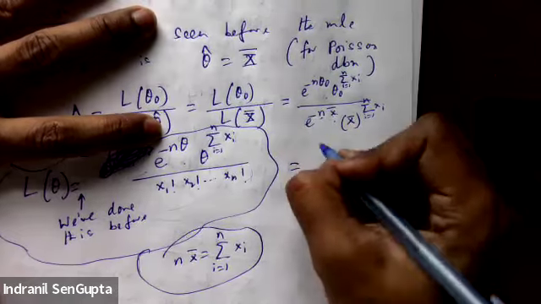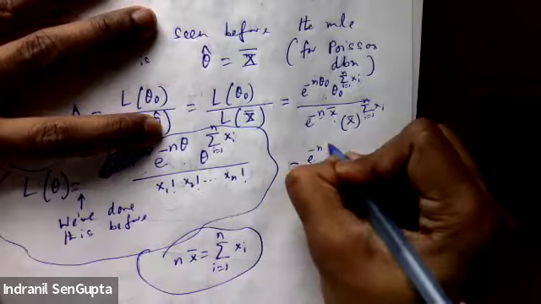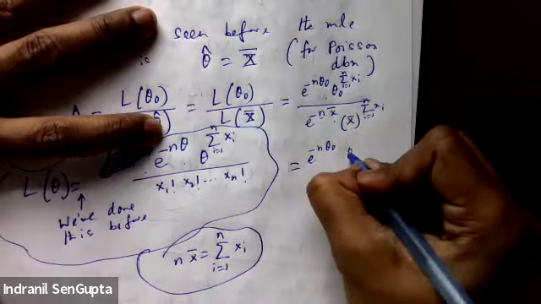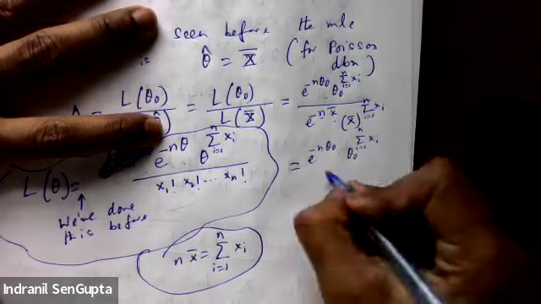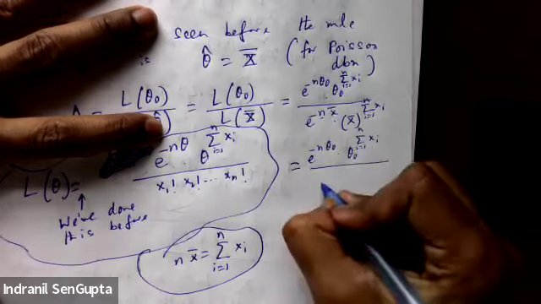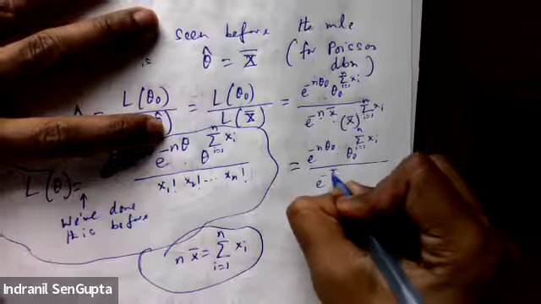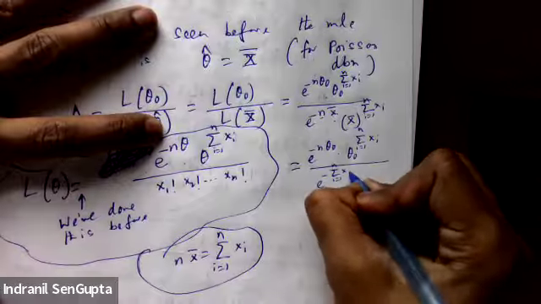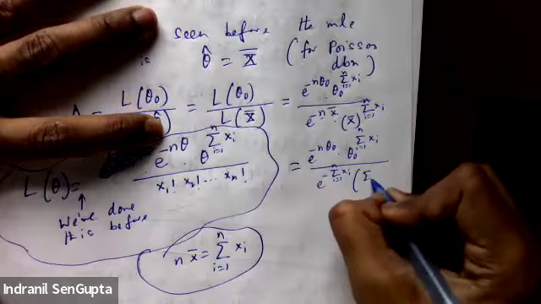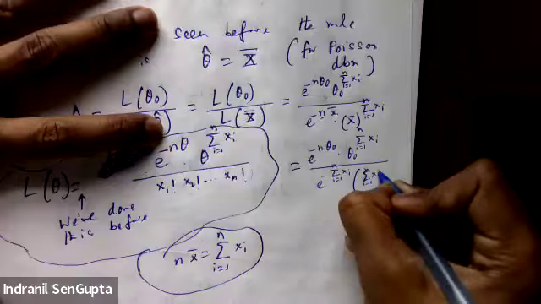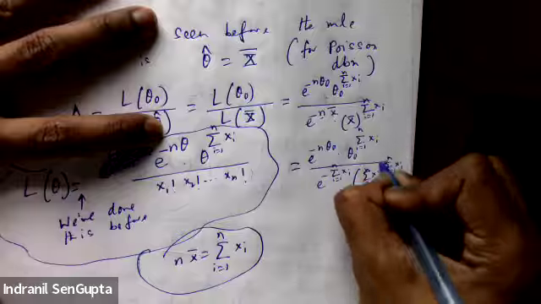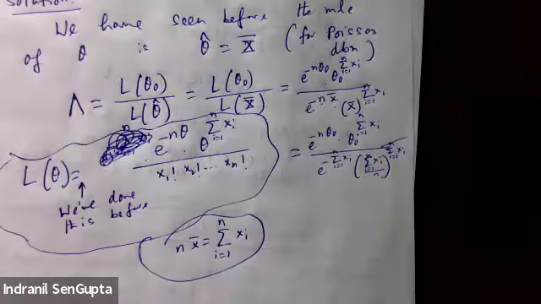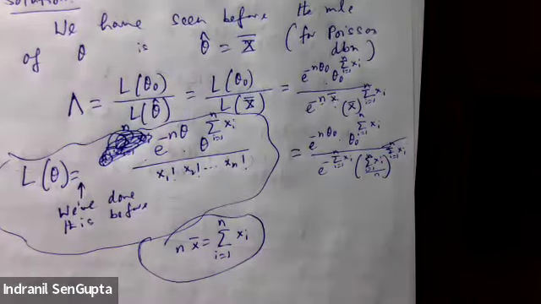Okay. So let's write this. It's e to the minus n theta 0, summation i from 1 to n x_i. And then this is e to the minus summation i from 1 to n x_i. And this is summation i from 1 to n x_i over n to the summation i from 1 to n x_i. A lot of notations. Okay, but that's it.